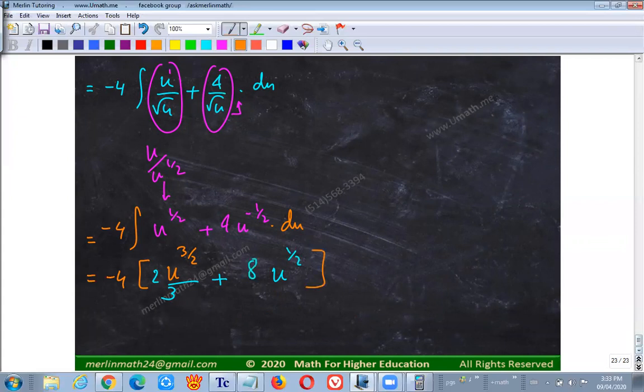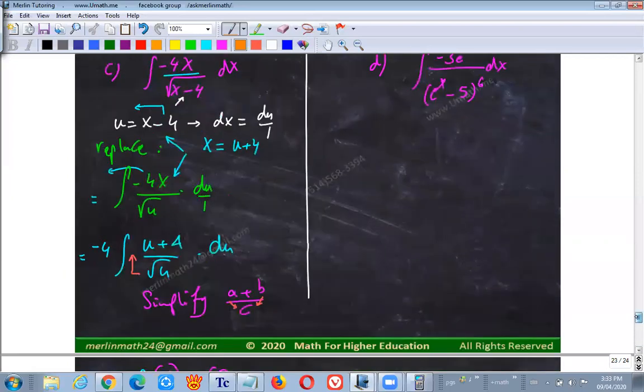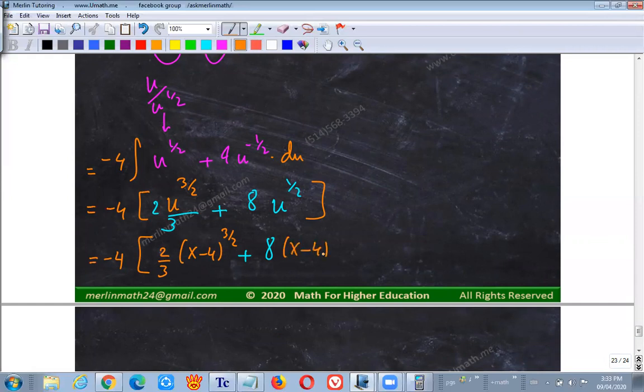Okay. But when I get back to x, you get back to x. So all you have to do, just plug in an x instead of the u. How much is u? X minus 4. So 2/3 u power 3 over 2, plus 8. Instead of the u, I'm getting back to x minus 4 power half.